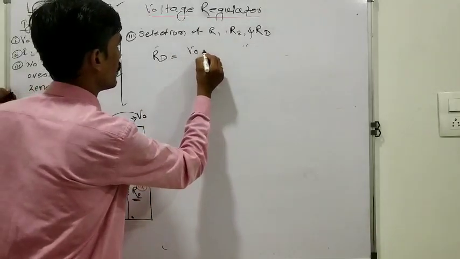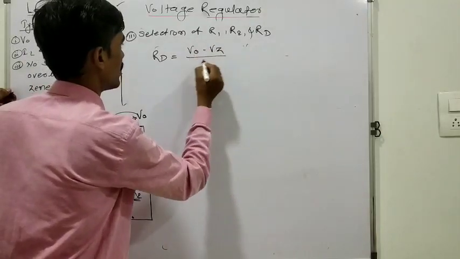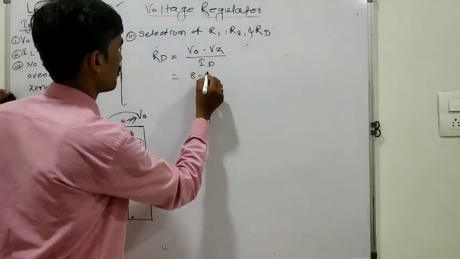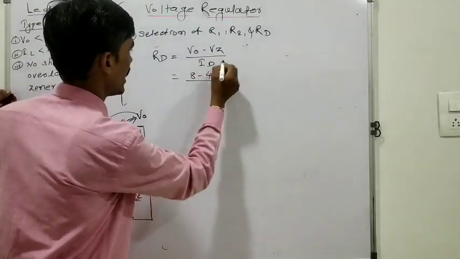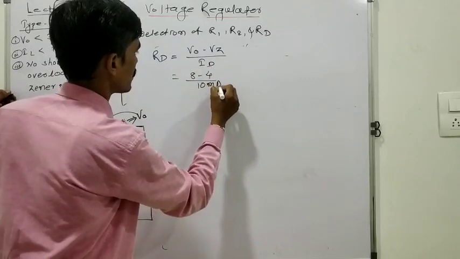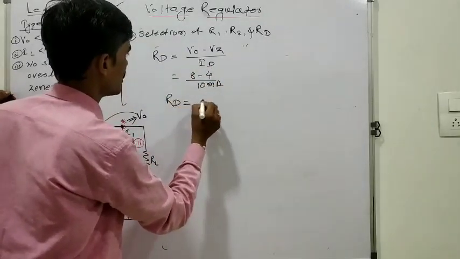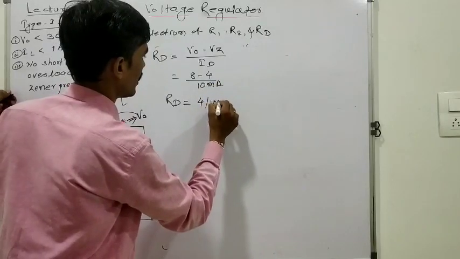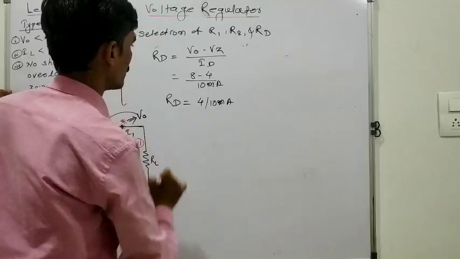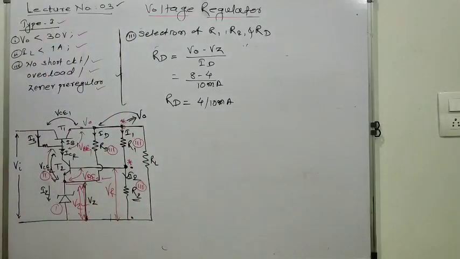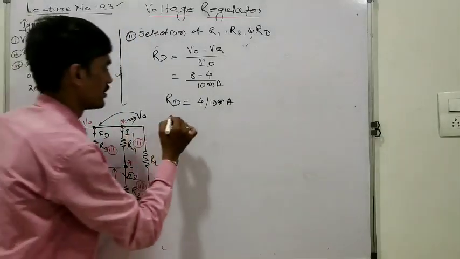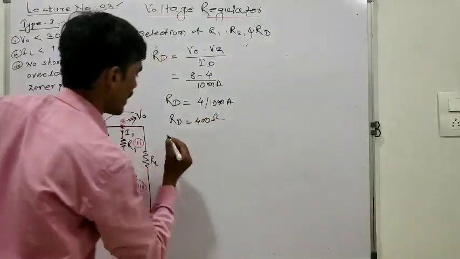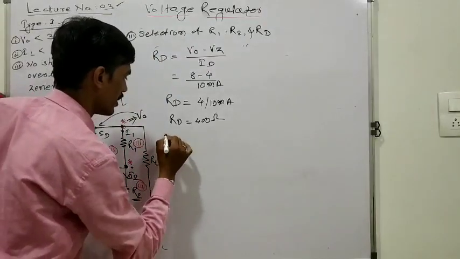So VO minus VZ divided by ID. So it is 8 minus 4 divided by ID. ID is 10 milliampere. So RD is 4 divided by 10 milliampere, which gives 400 ohm.